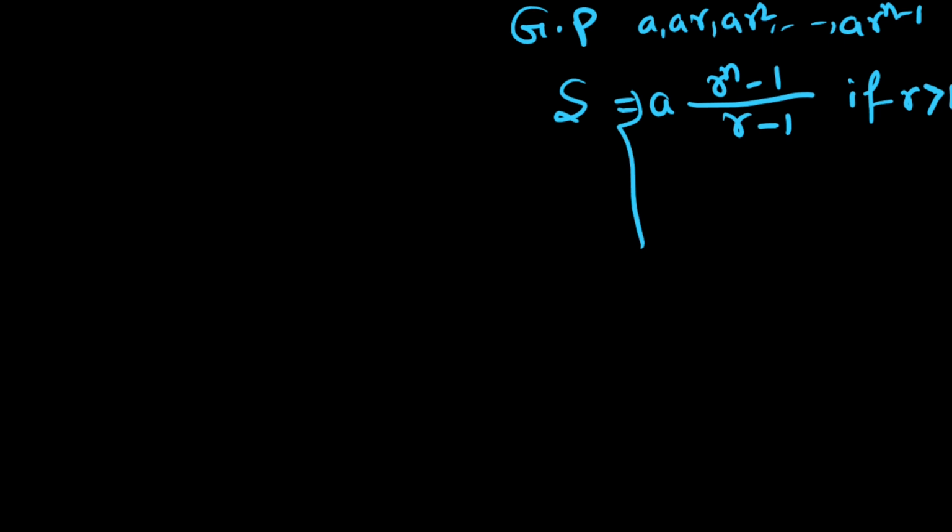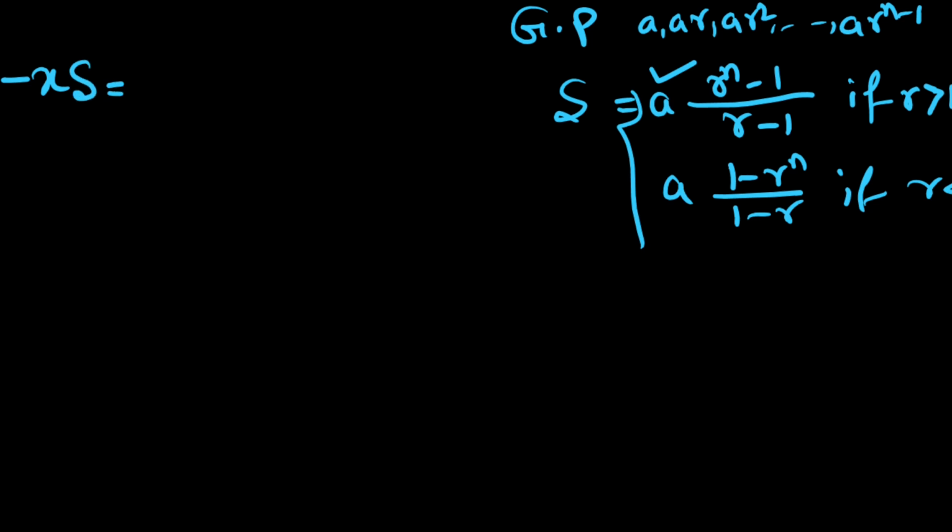If r is strictly less than 1, then the sum is a(1 - r^n)/(1 - r). So we apply this sum property here. Our expression is x times S equal to, where the first term is (1 + x) and the common ratio is (1 + x).